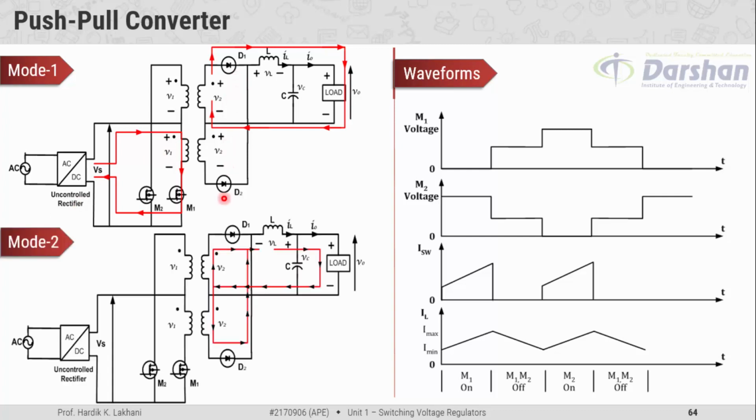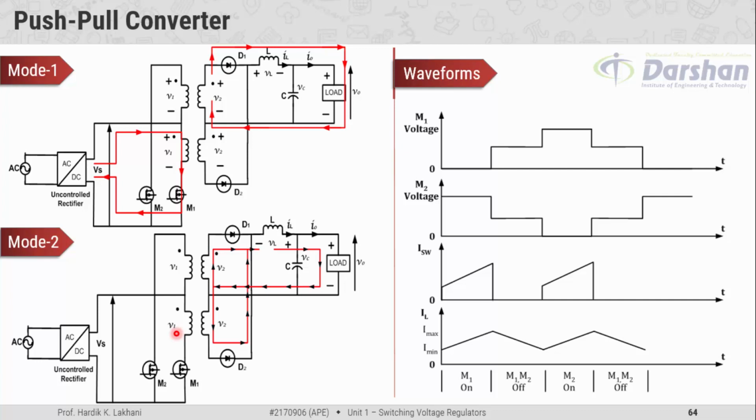When the MOSFET M1 is turned off, at that time mode 2 operation begins. In the second interval, M1 and M2 both are off. So there is no current flow on the primary side because no closed loop path is created on the primary side.